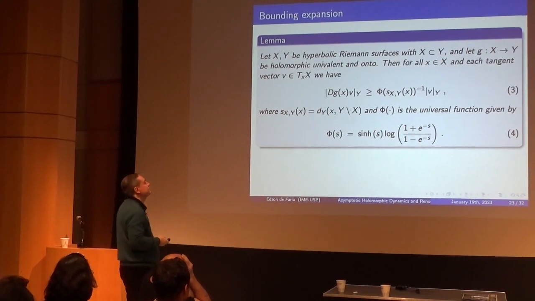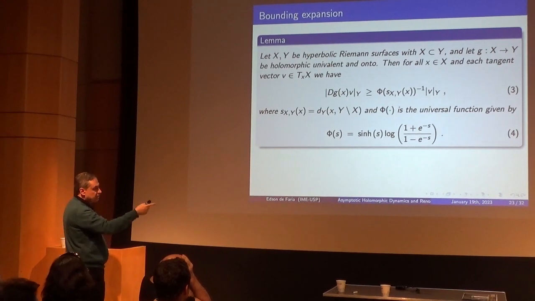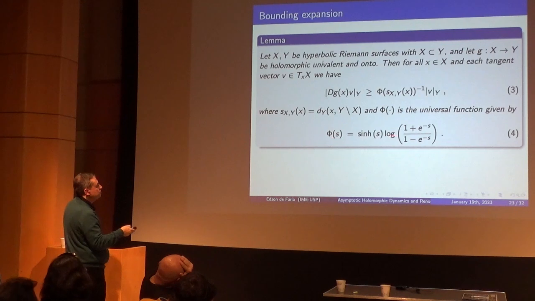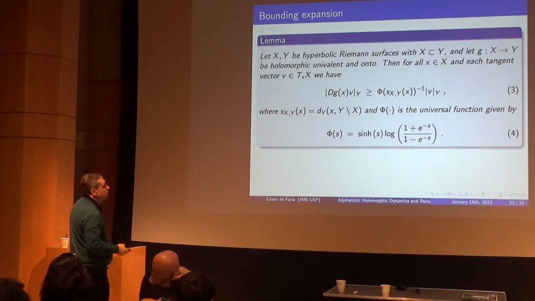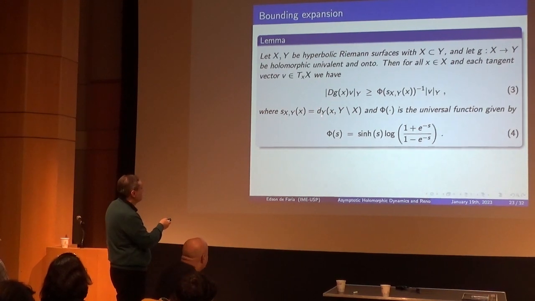version of what I said there qualitatively. So this function is less than 1, so here I'm taking the reciprocal of that, so this is always greater than 1. But what is s of little x? It's the hyperbolic distance in y between the point x and the complement of x inside y.